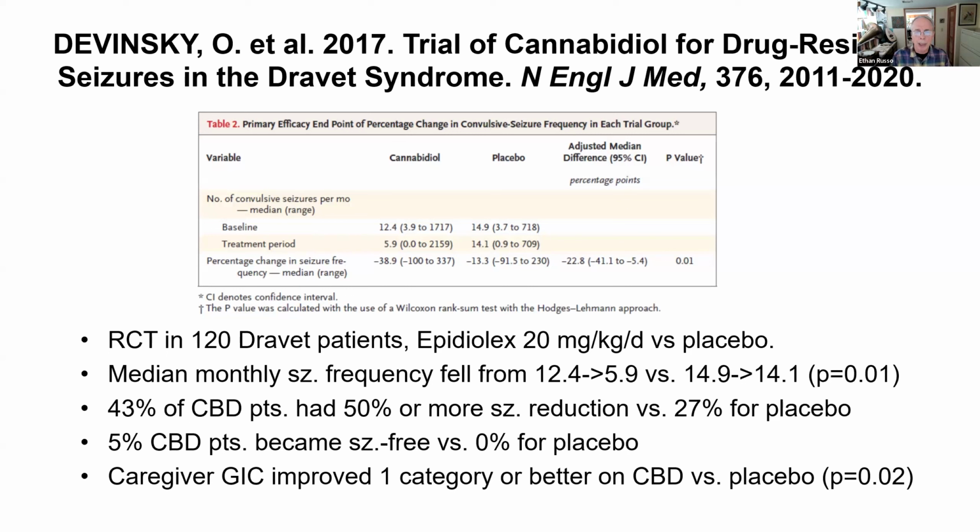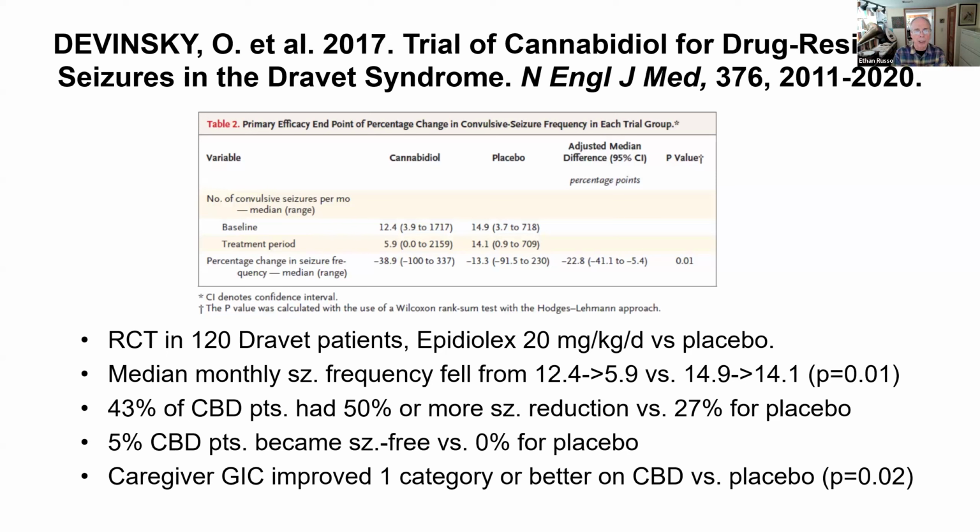Dose was Epidiolex cannabidiol 20 milligrams per kilogram per day compared to placebo. There was a drop in seizure frequency from 12.4 to 5.9 attacks in Epidiolex patients compared to 14.9 to 14.1 in controls. So that was highly statistically significant.